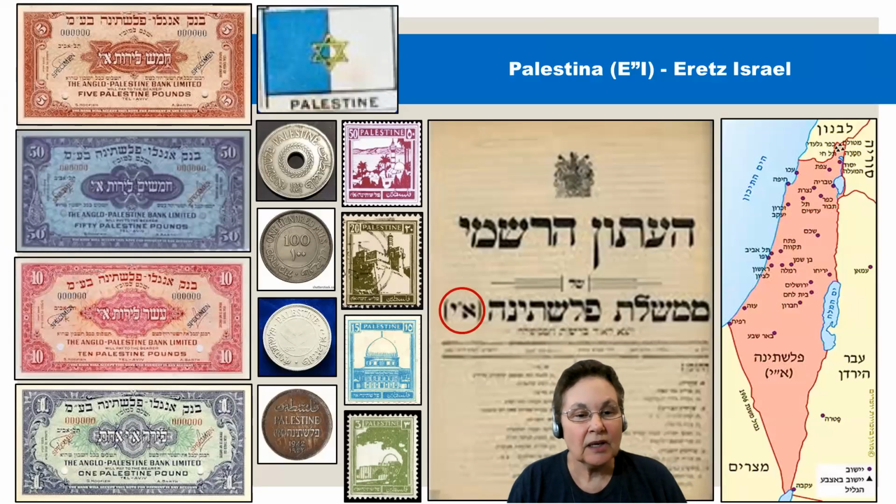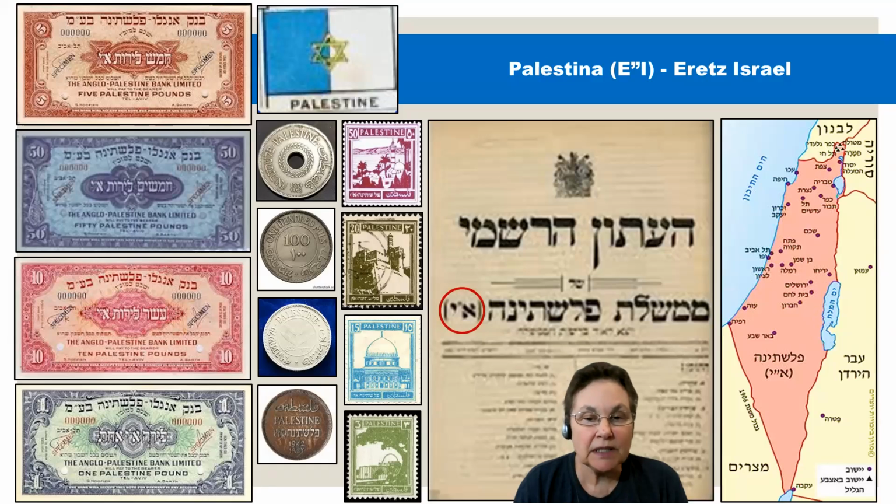In this slide, there are different items with a common denominator. They are all from the British Mandate for Palestine that was between 1916 and 1948. You can see here official currency notes and coins. You can see here stamps and the official British Mandate newspaper issued by the British Mandate government.